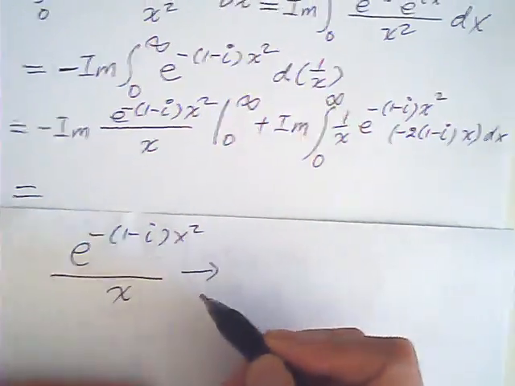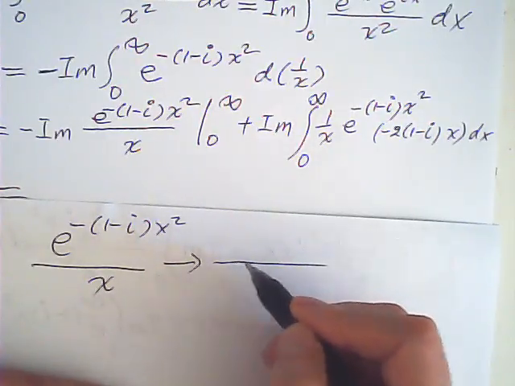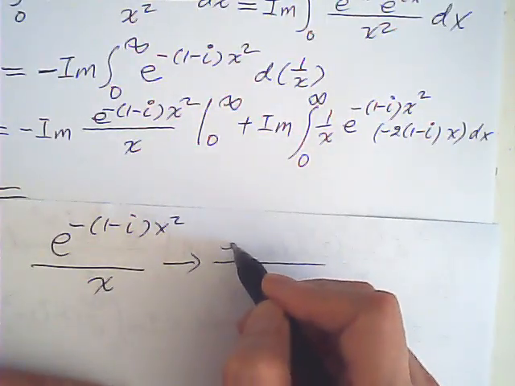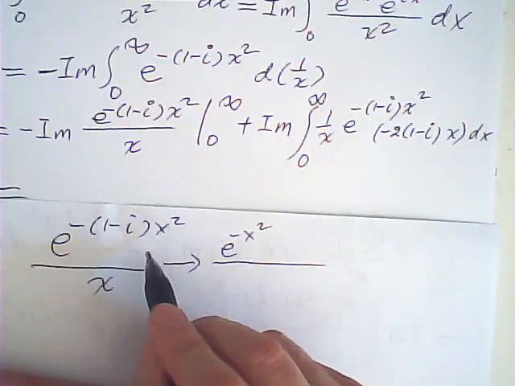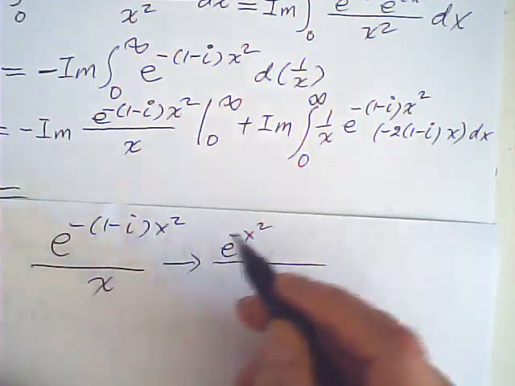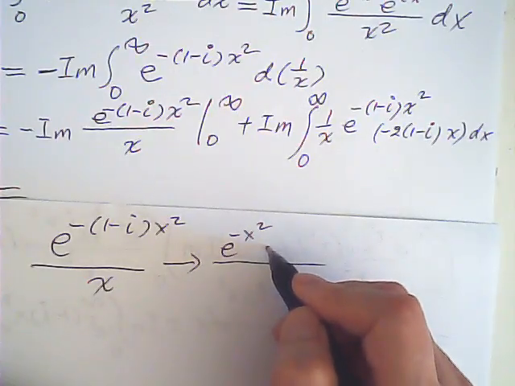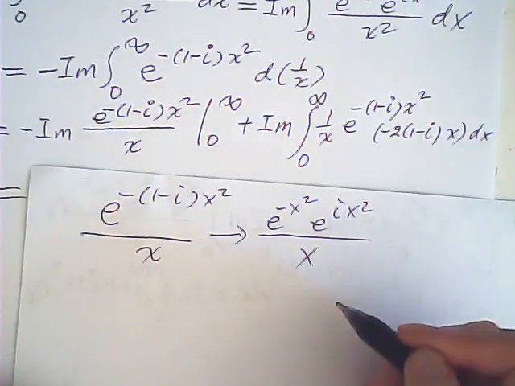Now I consider this one as e to the negative x squared times e to the i x squared over x, right?